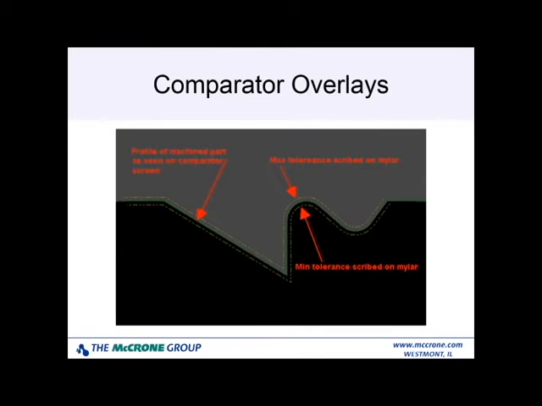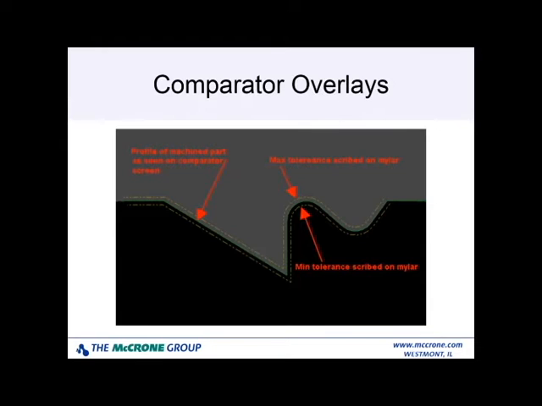You can have custom-made overlays for your comparator that have the profile of your part. On this particular instance, the green line here shows where the proper part would sit, and the dotted lines show both the minimum and the maximum tolerances.